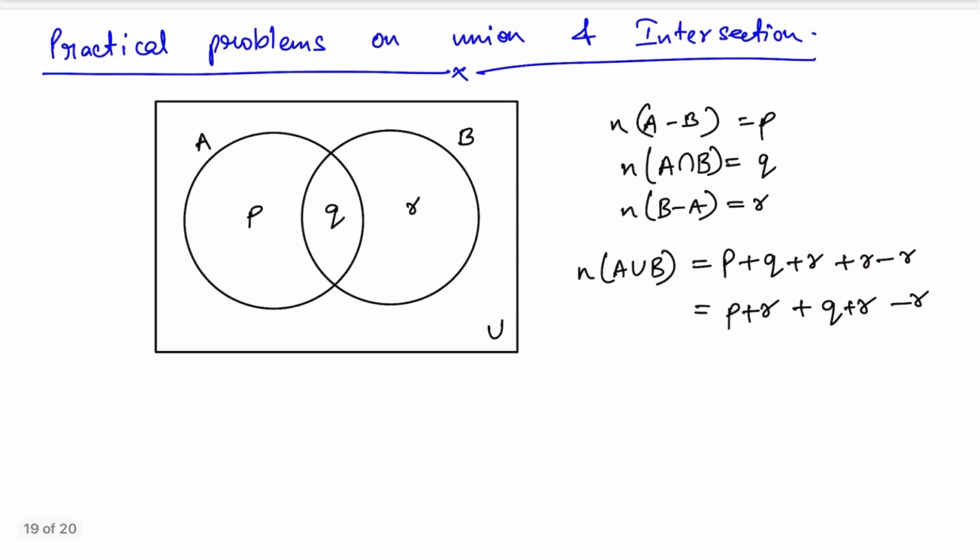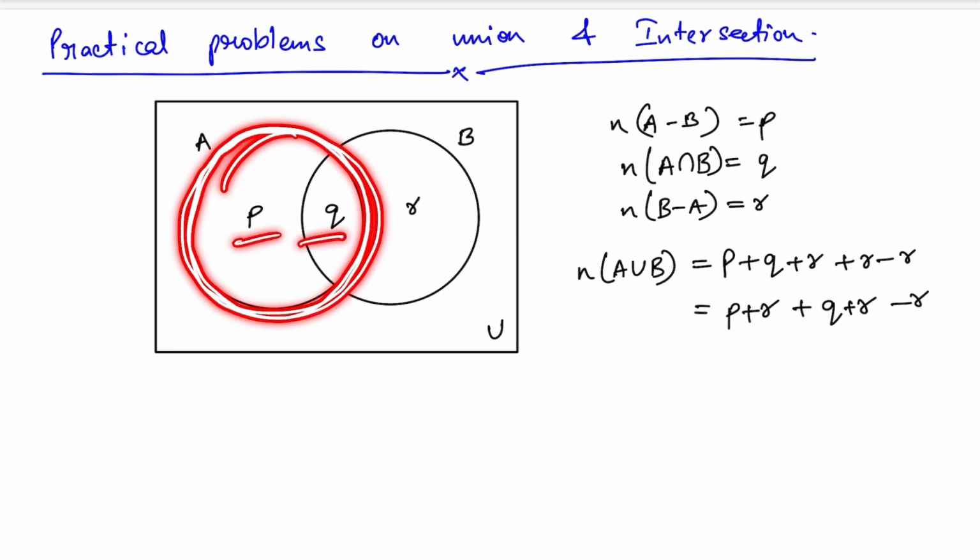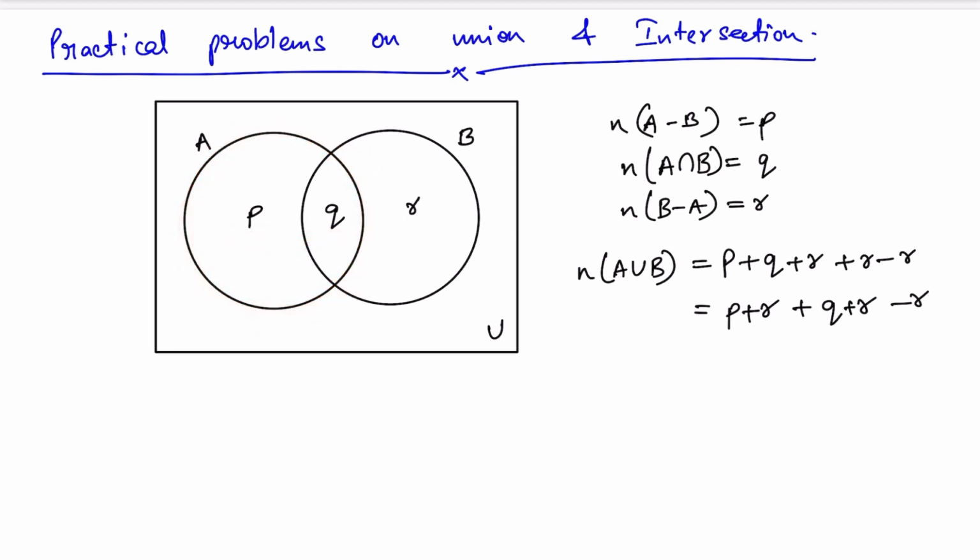Number of elements in A, how many are there in A? p plus q. I'm sorry, there is a mistake here. Do not add and subtract r, add q and subtract q.